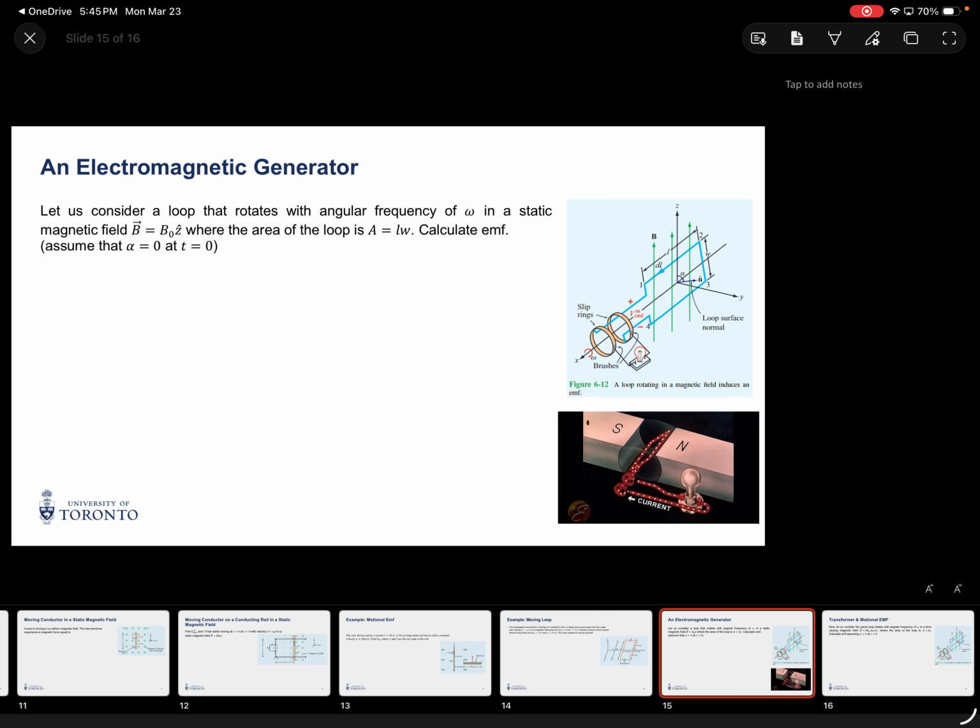As you're rotating it, sometimes it's going to cause the magnetic flux to increase for half of the period. For the other half of the period, it's going to cause the magnetic flux to reduce. So that's why the current direction keeps switching between the two. Once this way, once the other way.